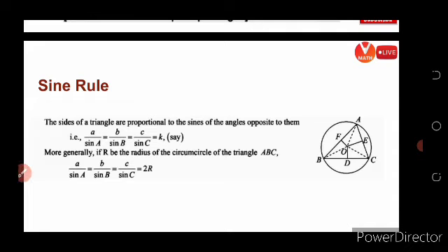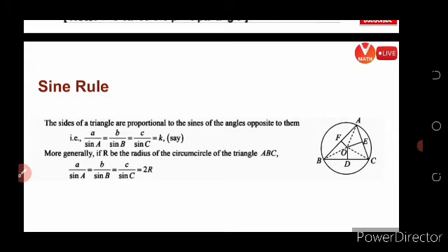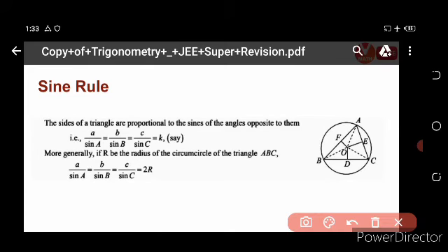The sides of a triangle are proportional to the sines of the angles opposite to them. So what is the sine rule? If we consider this is A, we know the opposite of A is small a, opposite of B is small b, opposite of C is small c.